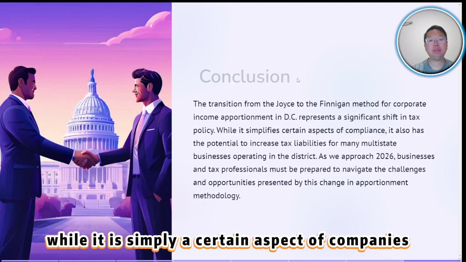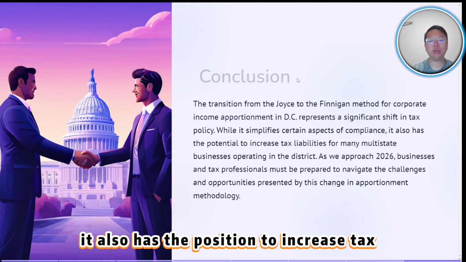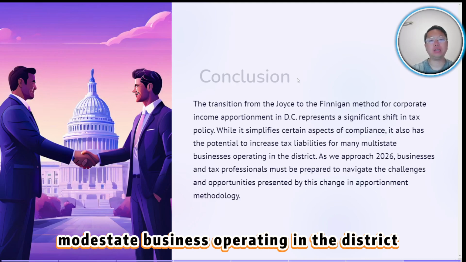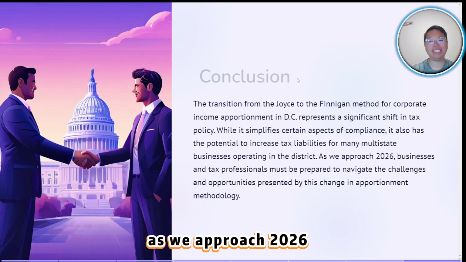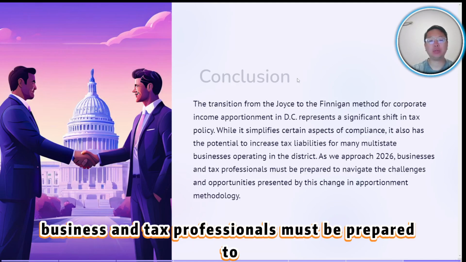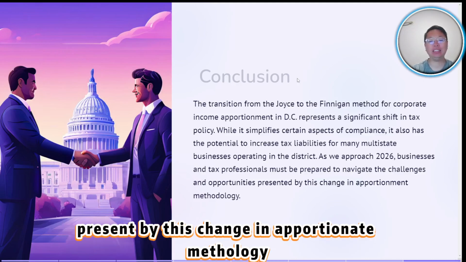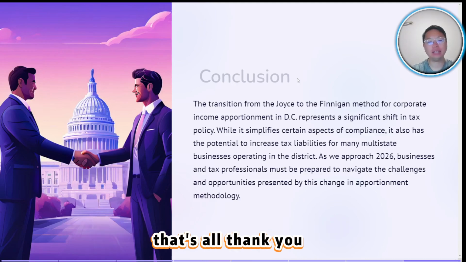While it simplifies certain aspects of compliance, it also has the potential to increase tax liabilities for many multi-state businesses operating in the district. As we approach 2026, businesses and tax professionals must be prepared to navigate the challenges and opportunities presented by this change in apportionment methodology. That's all. Thank you.